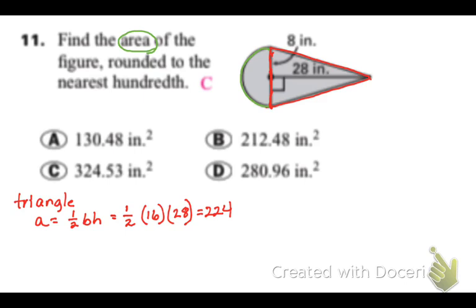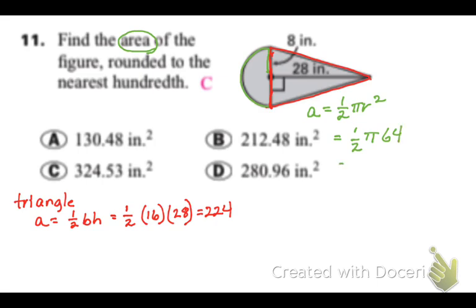So now I need to find the area of the half circle. And we know that the area of a circle is pi r squared. And so a half circle is going to be 1/2 pi r squared, which is equal to 1/2 pi, and the radius is 8, so that's going to be 64.